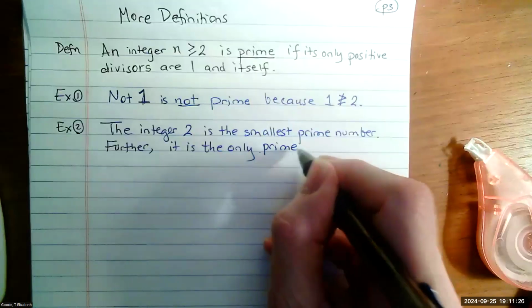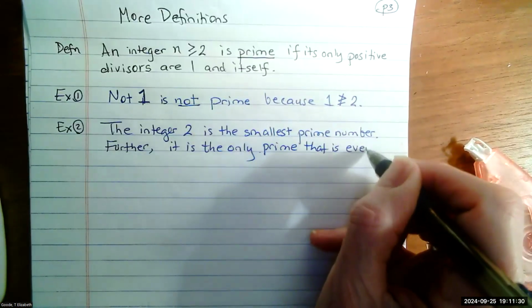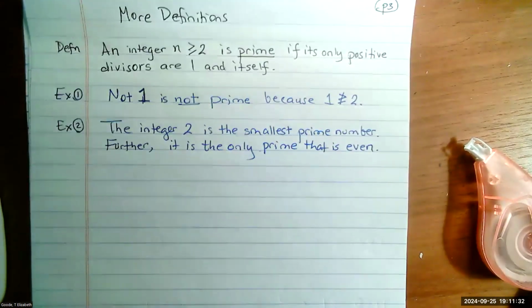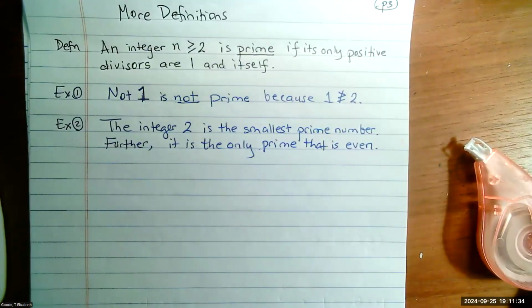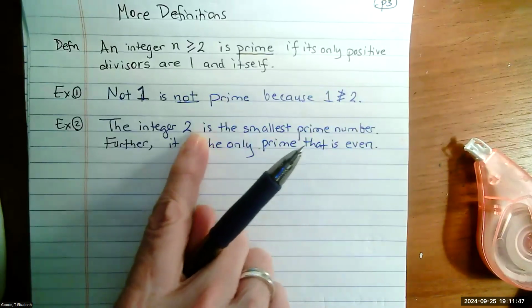Why is that? Why couldn't we have another prime number be even? Because if another prime number were even, you would be able to divide it by 2. Yeah, exactly. A bigger even number than 2.